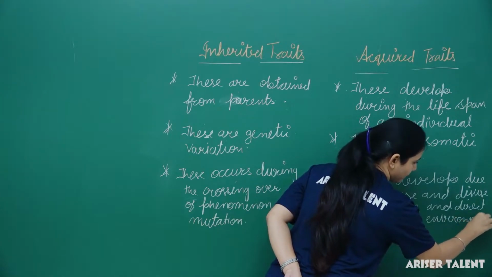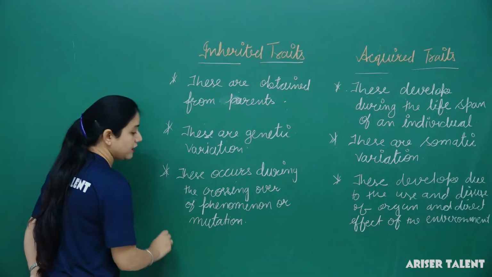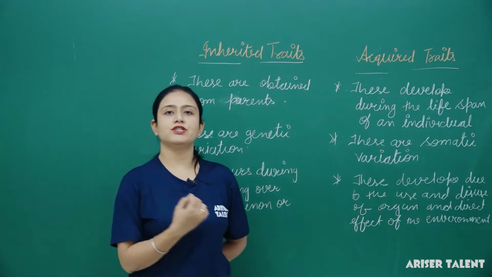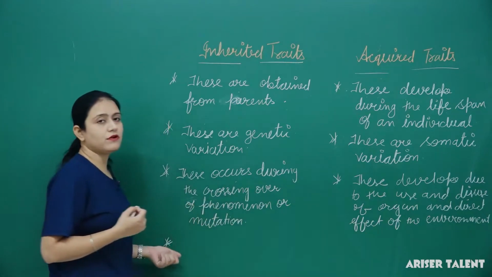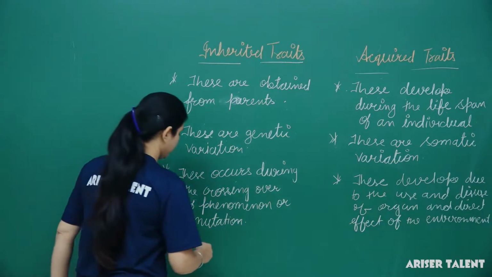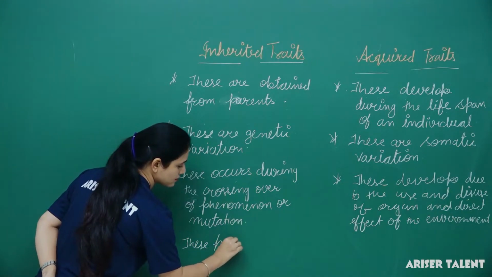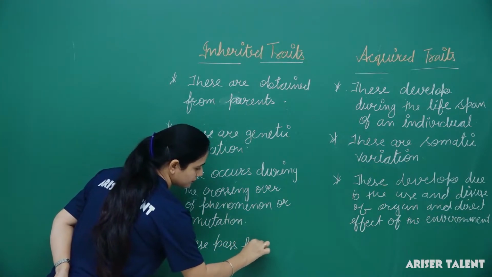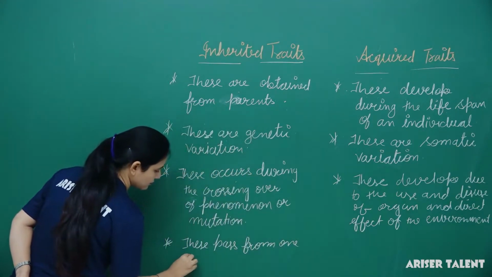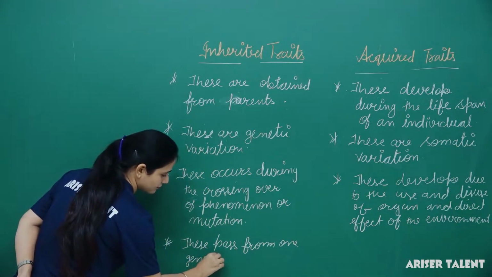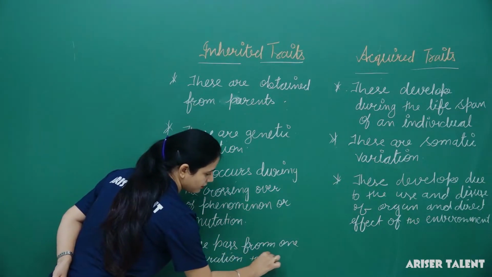Okay, fine. Inherited traits pass from one generation to another. Why? Because these are genetic variations. So these pass from one generation to another.